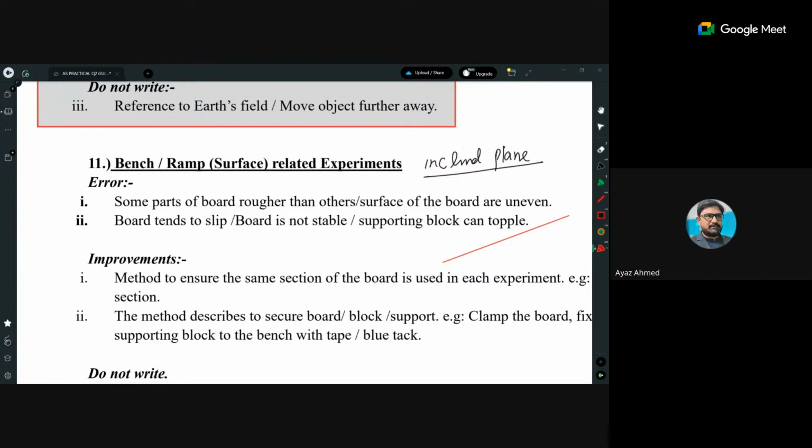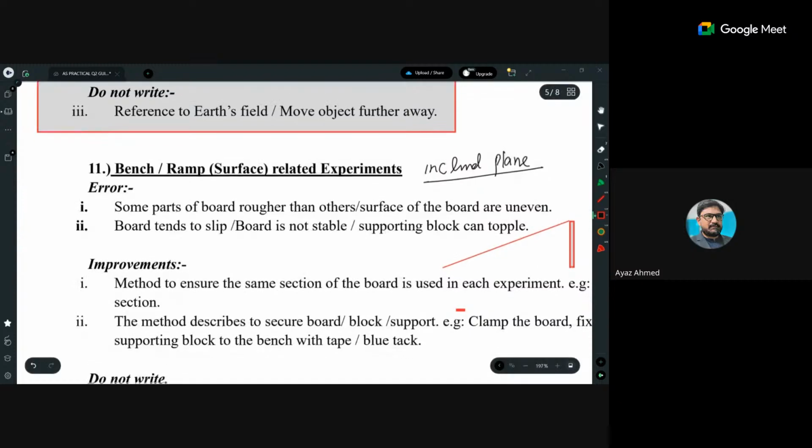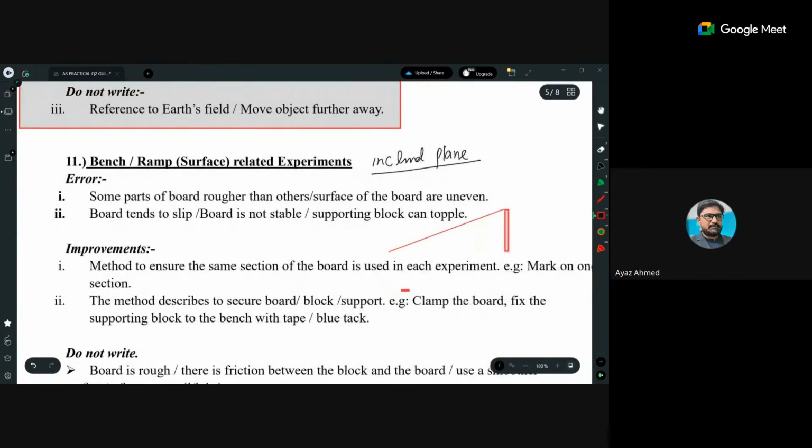ठीक है? तो आप क्या करेंगे, यानी supporting blocks are here basically, देखो over here. So when those blocks are toppled over, then this block will fall over. तो होगा क्या? The improvement method is to ensure that the same section of the board is used for each experiment.